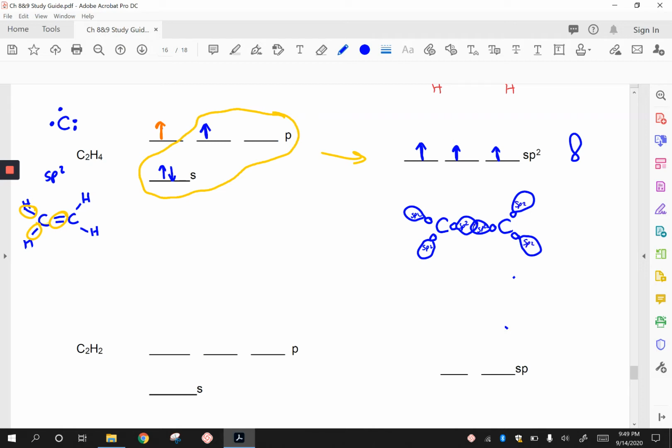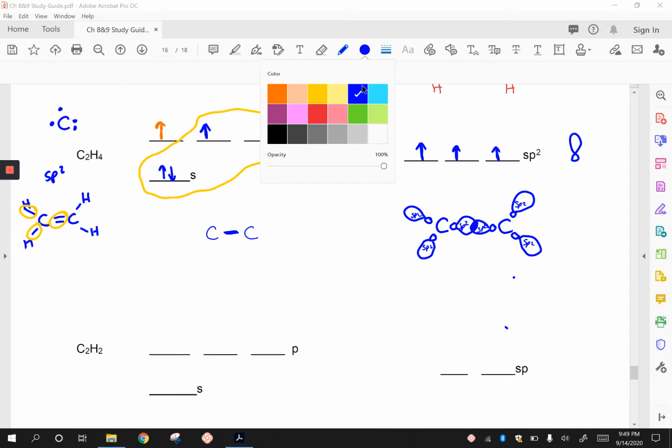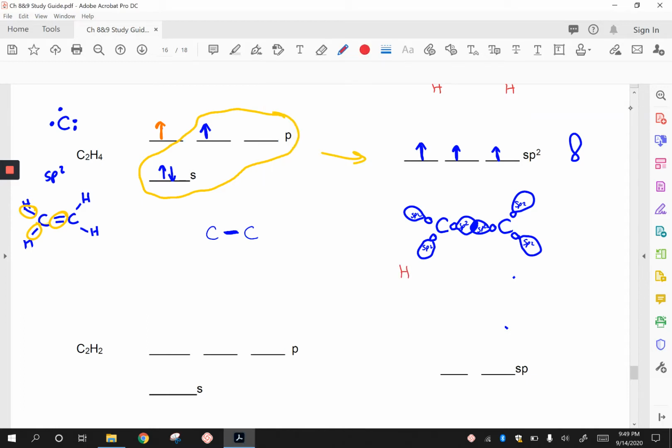Okay, and you can see the first overlap, which is right here. That is my sigma bond that's in between my carbons. So that is this bond right here. Great. Now let's look at the hydrogens. So I'm going to go ahead and draw my hydrogens. I have 4 hydrogens here.